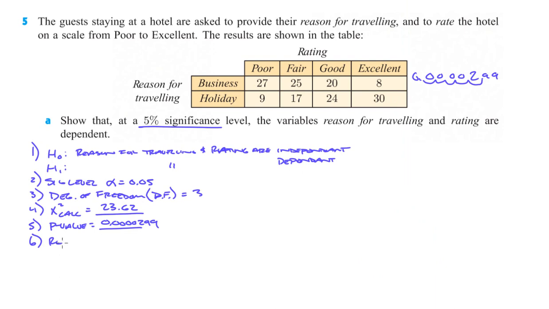So reject H0 if our p-value is less than our alpha, which is our significance level, or if the chi-squared critical is less than or equal to our chi-squared calculated. So let's set all of those up because we can.